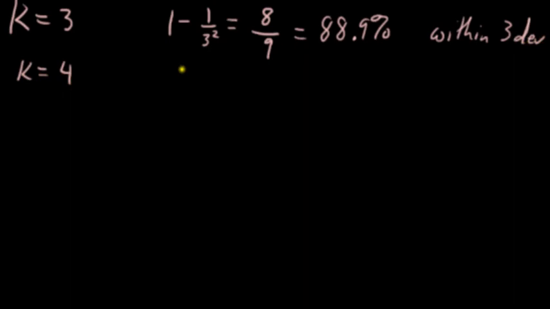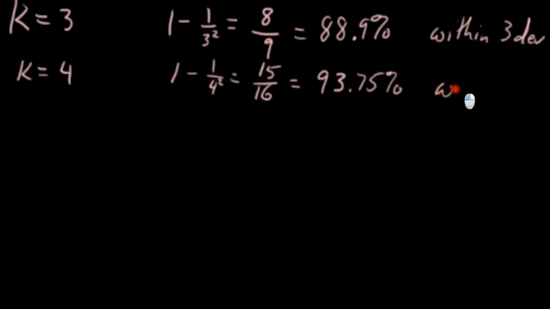Let's go 4. 4 squared is 16, so that's 15/16, also known as 93.75%. So within 4 deviations. So for arbitrary distributions, we're starting to get kind of close to that 95% we had for a normal distribution.